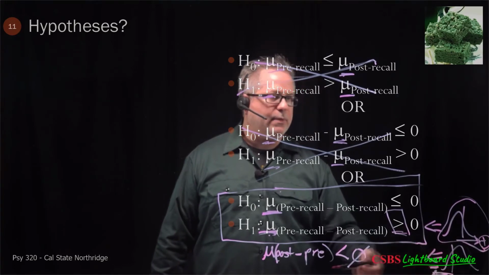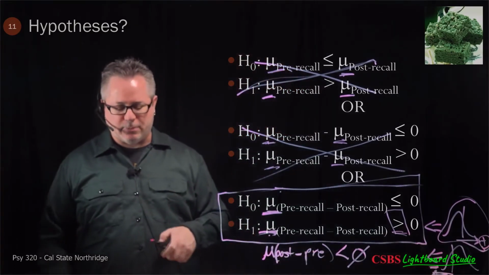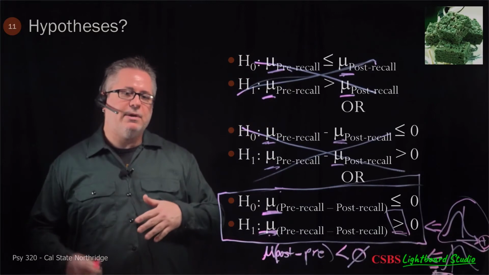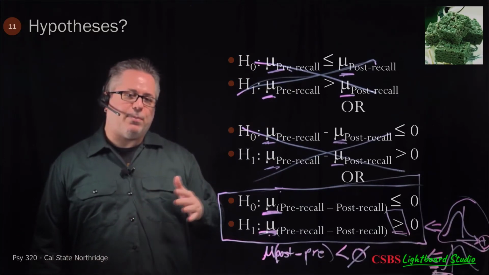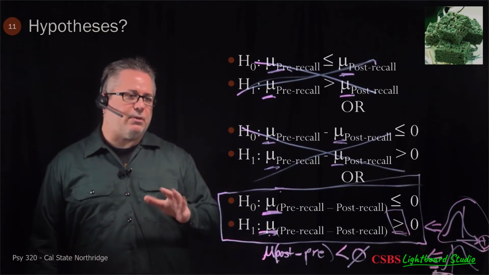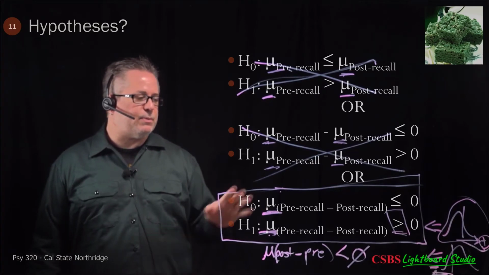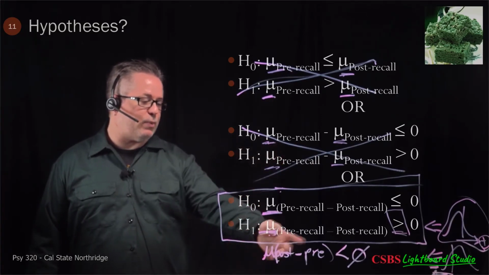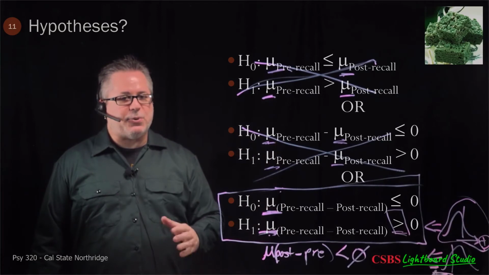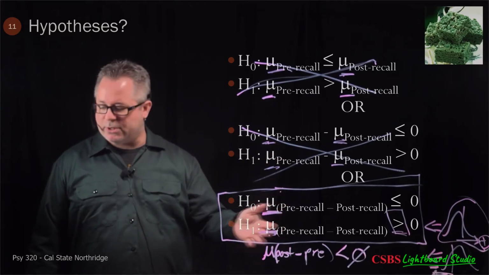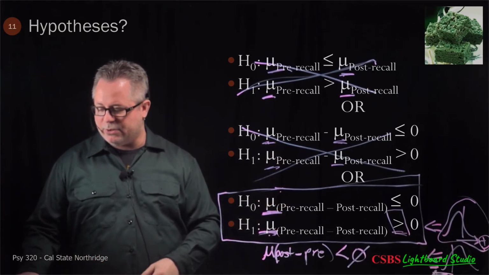It's farther out in the negative, and people oftentimes will make more mistakes there because they'll find a number that is more positive and think that that's bigger, and they'll confuse their decision rules and stuff. So sometimes it's easier just to deal with the positive numbers. So if you can arrange it so that you're subtracting in an order that creates positive numbers, and that represents your hypothesis, that's going to be a lot easier to deal with.